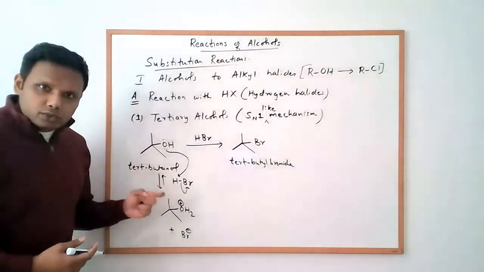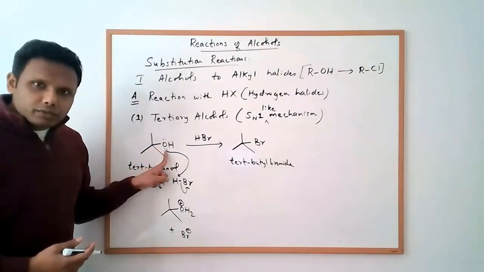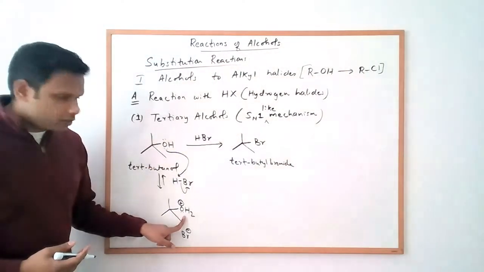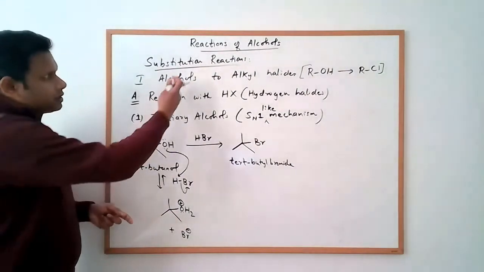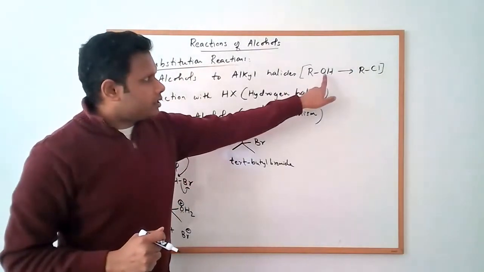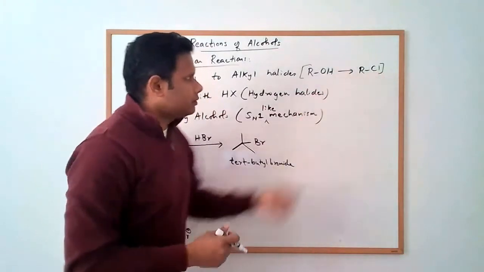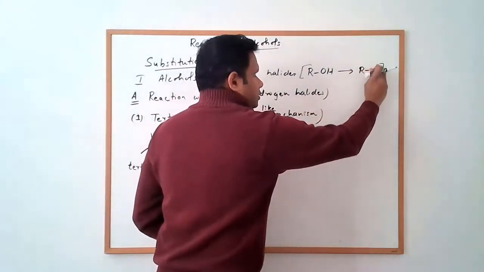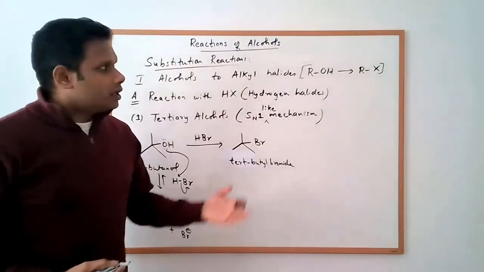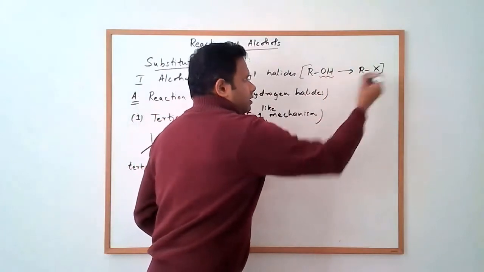Now, recollect from earlier that we've seen similar steps before. What we're trying to do here is convert a bad leaving group, an alcohol, into a good leaving group, okay? Because if it's a substitution reaction on an alcohol, the hydroxyl group is getting substituted by, I think I should just generalize and write HX, the halide.